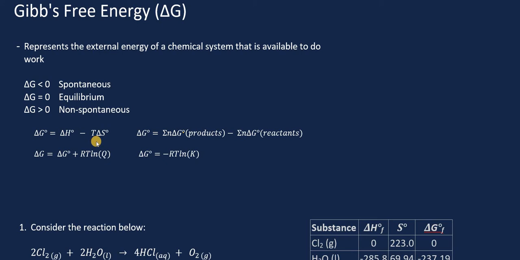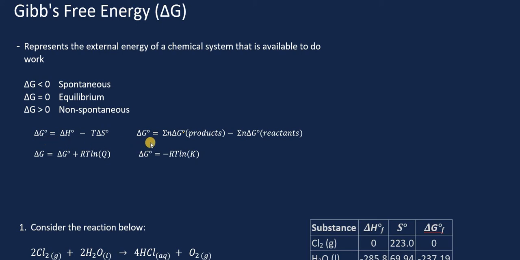So the temperature that your reaction takes place at affects the Gibbs free energy of the reaction. And so you'll take the enthalpy of your reaction minus the temperature multiplied by the entropy of your reaction to get the Gibbs free energy.